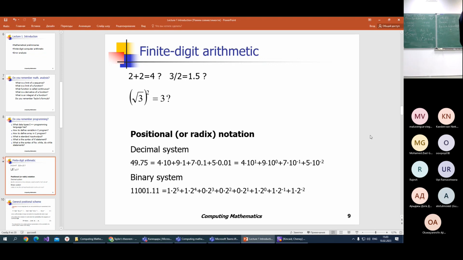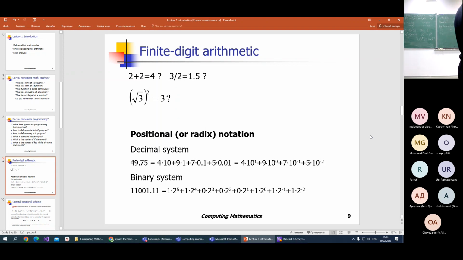Well, three questions. What is the value of 2 plus 2? Of course, you told me that 2 plus 2 is 4. And if I write a program, and if I run it, the program outputs the result that 2 plus 2 is 4.